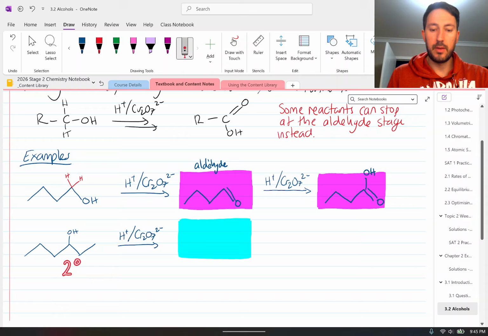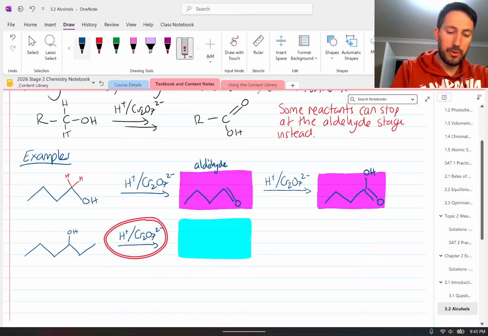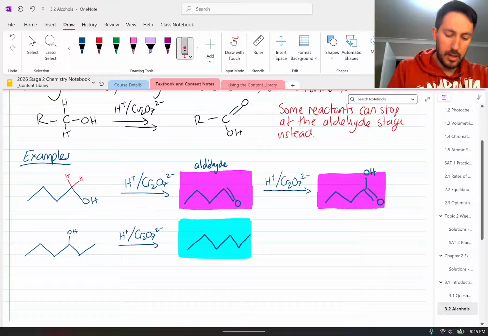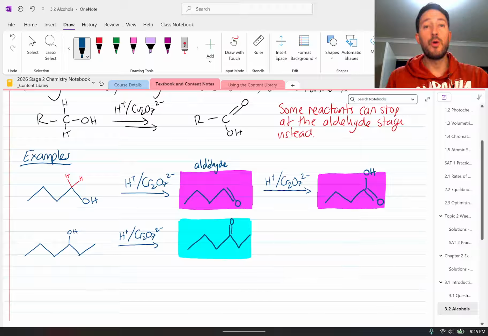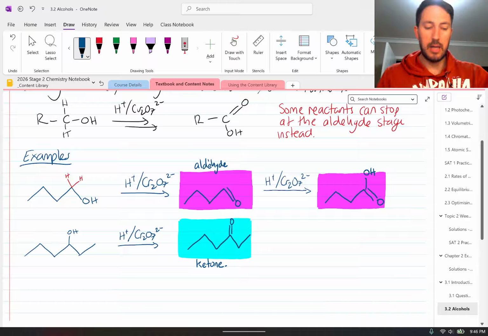That means it will react with our acidified dichromate solution to make, in this particular case, I'm just going to draw the base chain first, and then off of the third carbon from the right, we are going to replace that OH bond with a double bond O, and that is a ketone. That does not react further with the acidified potassium dichromate, and so it stays just there.